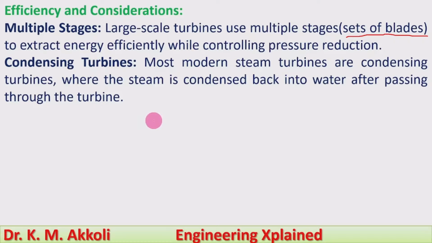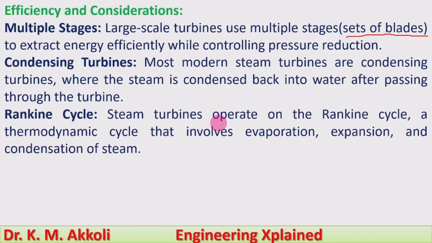That collected water is supplied back to the boiler. That is recirculated. Rankine cycle. Steam turbines operate on the Rankine cycle, a thermodynamic cycle that involves evaporation, expansion, and condensation of steam, and the water is supplied back to the boiler.